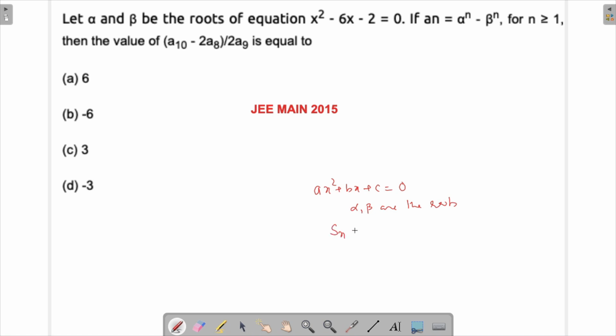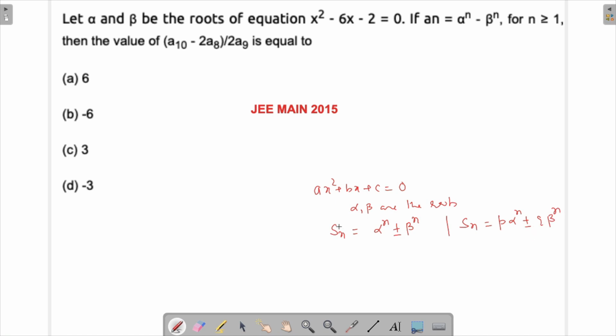Sn is given by alpha raised to the power n plus or minus beta raised to the power n, so it will be valid for both cases. In general, it will be valid even for Sn equals p times alpha raised to the power n plus or minus q times beta raised to the power n, right?